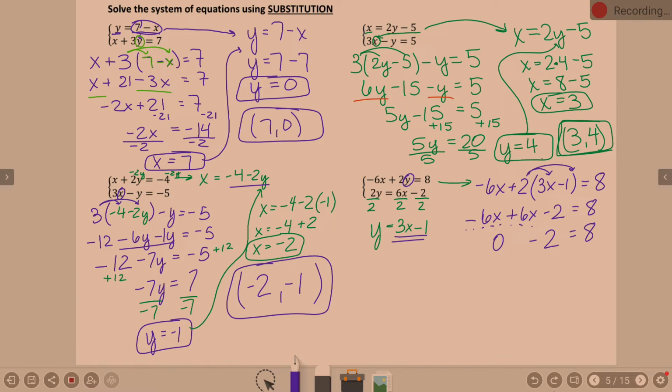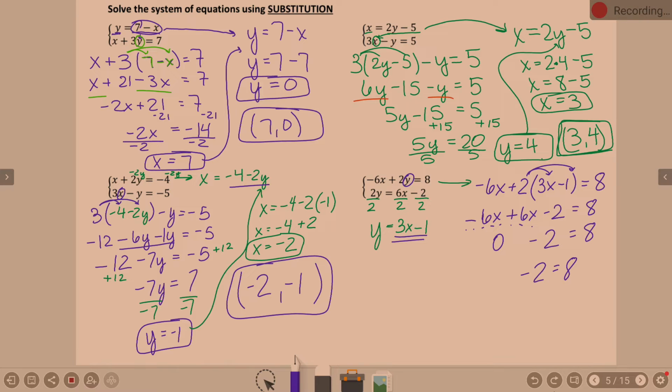What is 0 minus 2? Negative 2 equals 8. Now what? What's the situation we have here? I don't have an x or a y, do I?